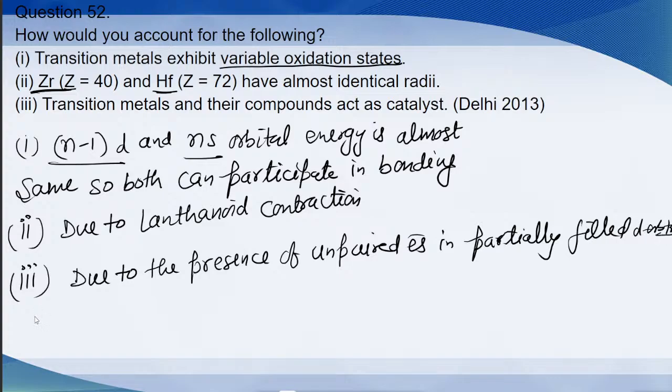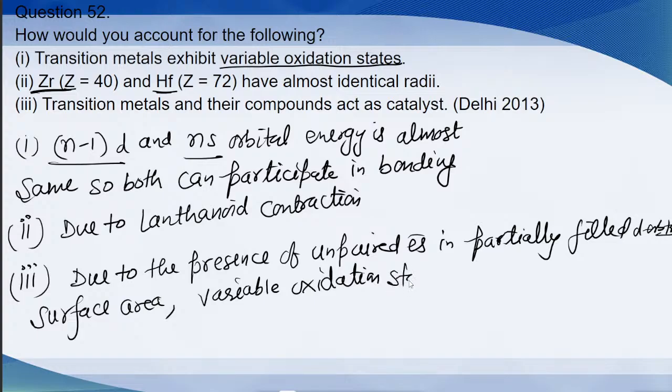Second thing, they can provide surface area for the reaction to take place. They have variable oxidation states. They can form intermediates. They can form complexes. These are the properties which are needed to act as a catalyst. So that's why transition metals and their compounds act as catalysts.